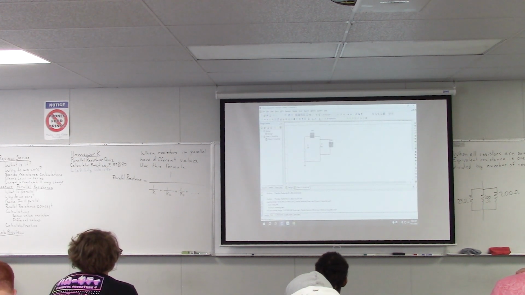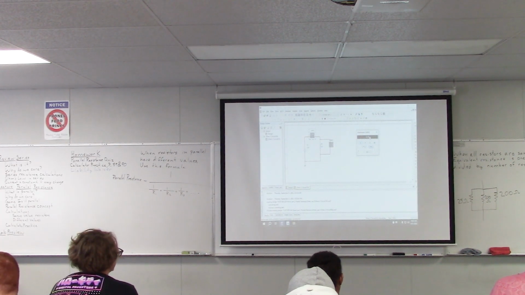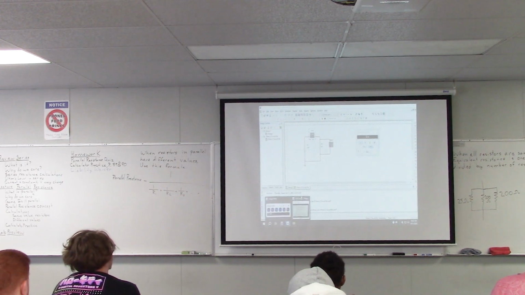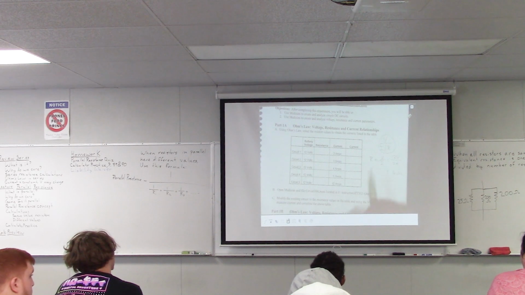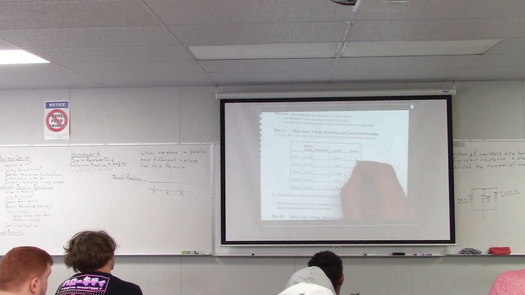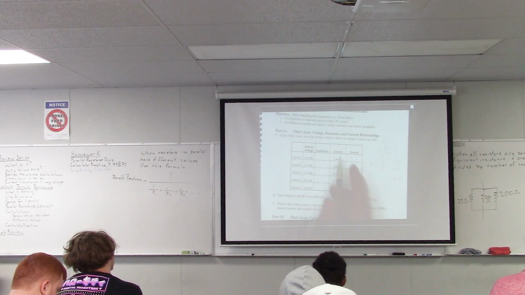And then we would run this, and check our current value here and make sure that it matches up with what it's supposed to be. So we're measuring a current of 2 amps. We would write down the current is 2 amps, and we see that that is in fact what we wanted it to be, so that's good.